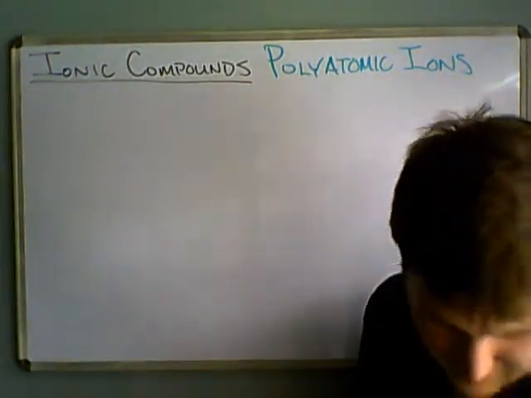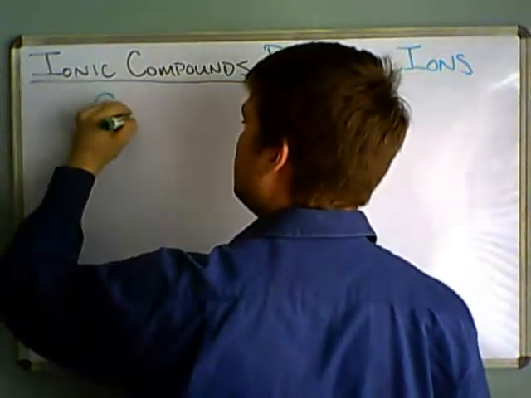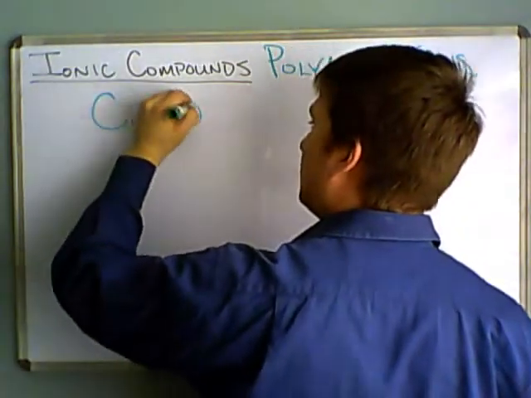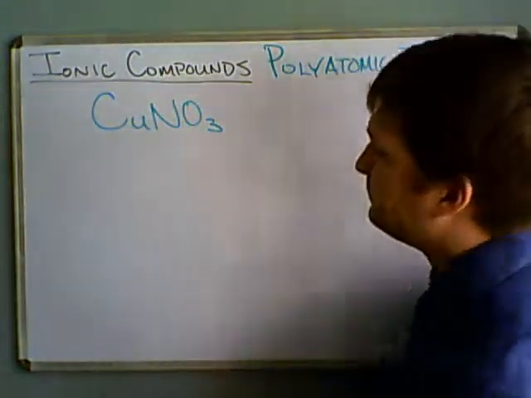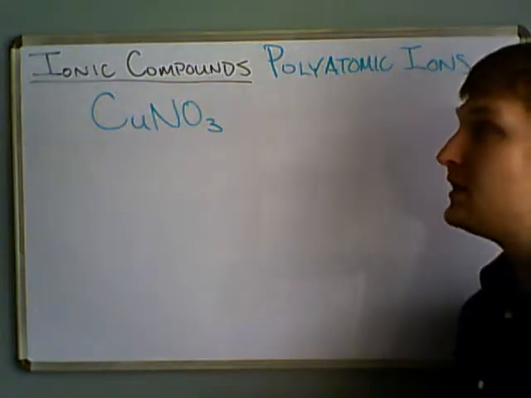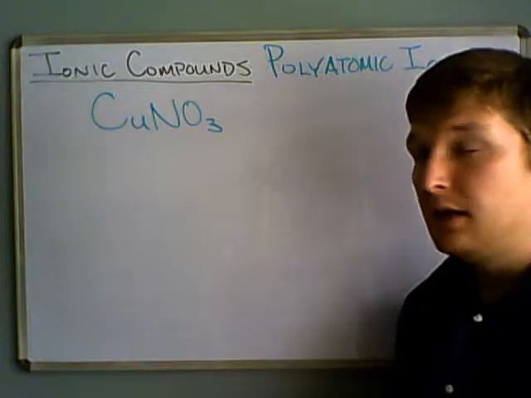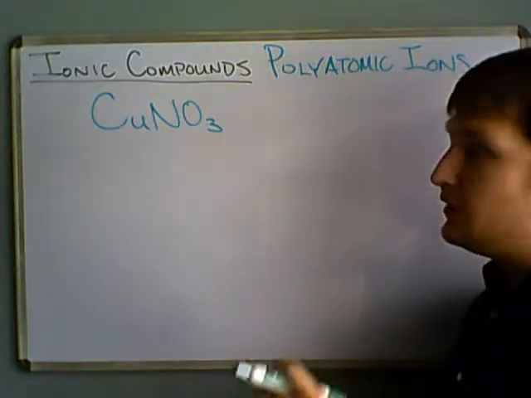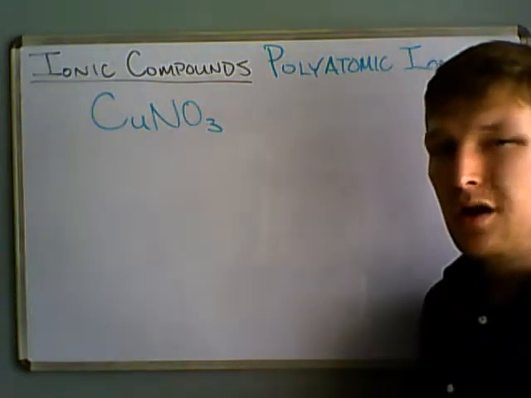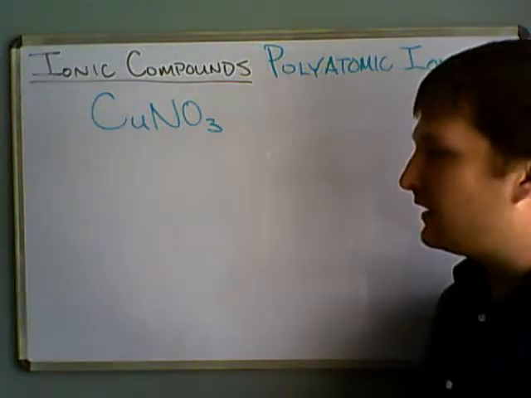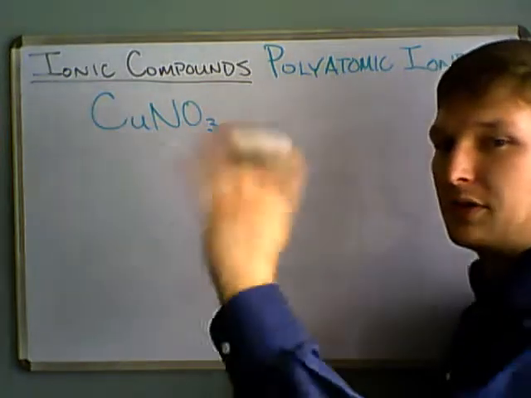Okay, number 5 was CuNO3. Now we kind of have a problem. We know copper is a transition metal, and it could be +1 or +2, but let's say we don't know that. Let's say it could be anything from +1 to +5.